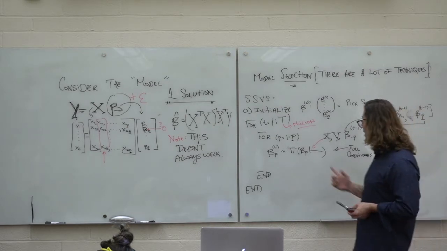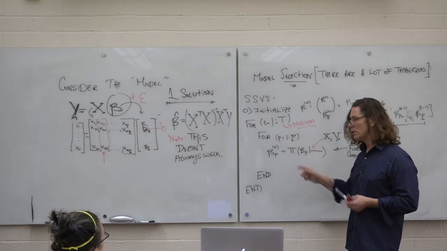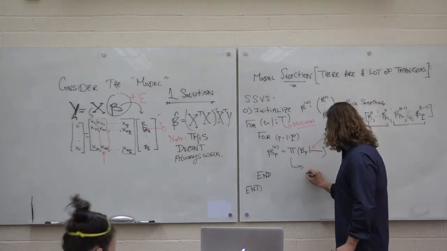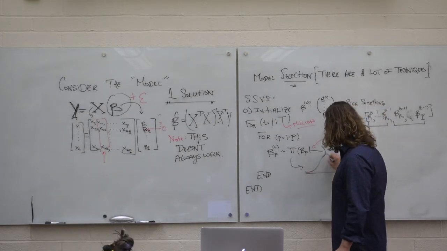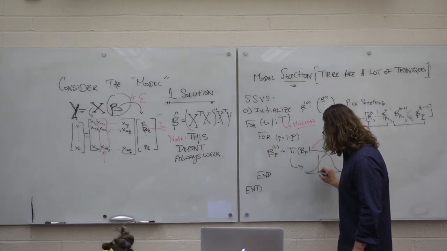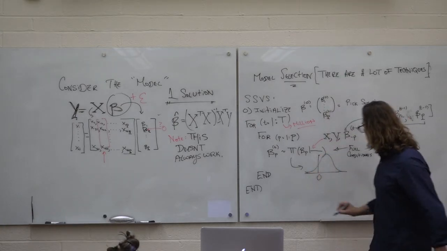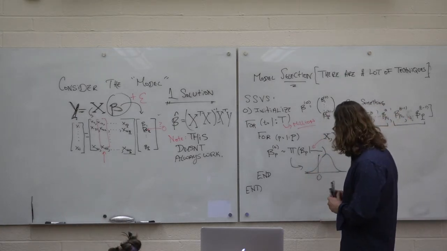Under the point mass prior, this is going to be a point mass distribution as well. So what does this distribution look like? It's going to be some posterior distribution, and it's going to have some spike at 0. And so this is that mixture that we've been talking about.